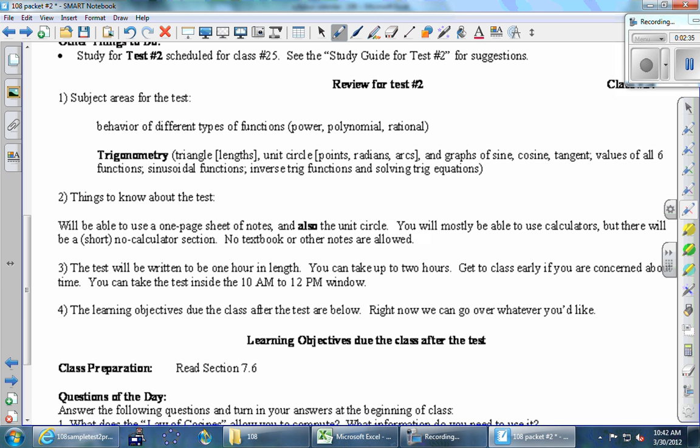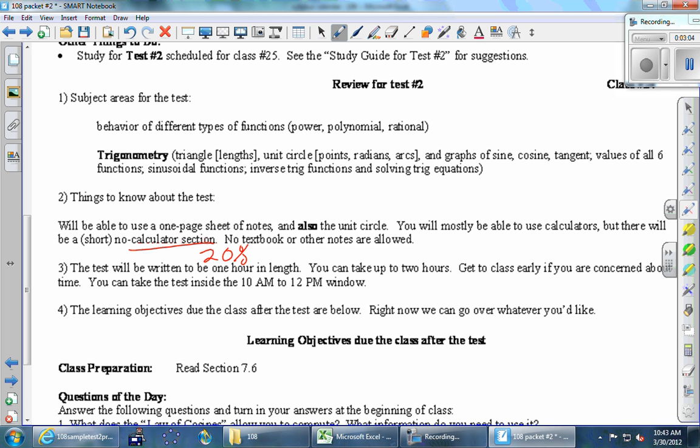And in terms of the no calculator section, it's going to be the same setup as the first test, where it'll just be 1 page that is no calculator, and you can decide to do that at the beginning or in the middle or at the end, anytime. You just trade me your calculator for that part. We'll do it just like we did on that table in the corner. The no calculator part is 20% of the test. The calculator part is 80% of the test.